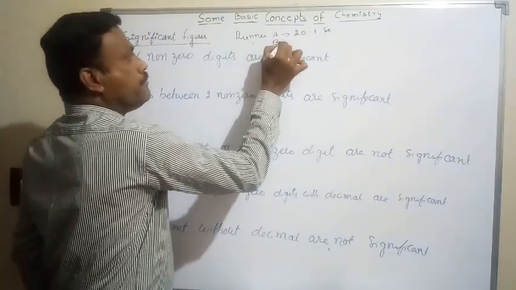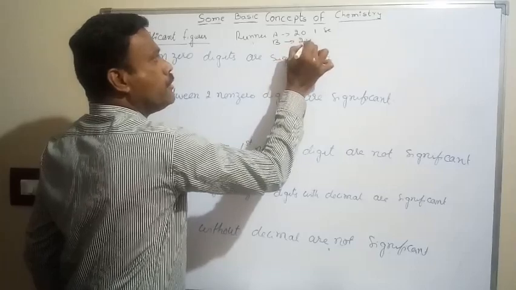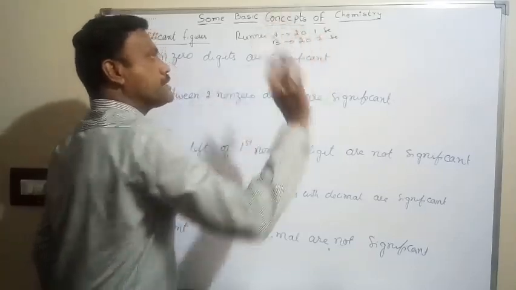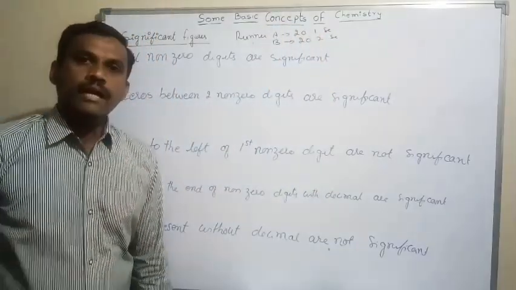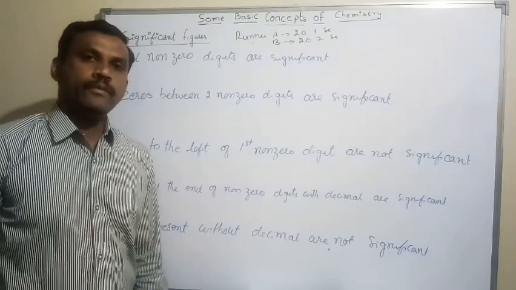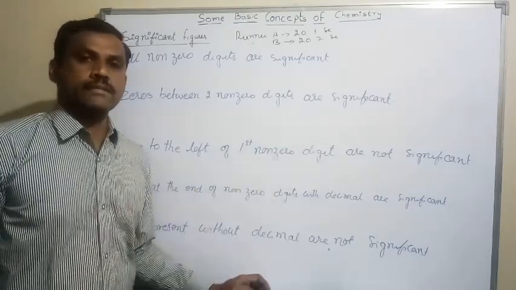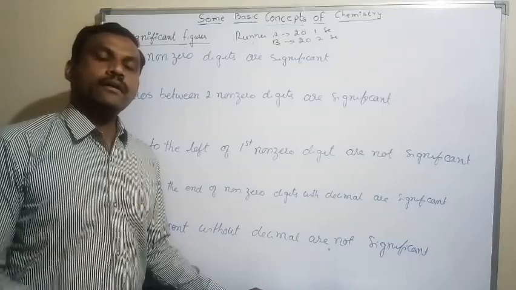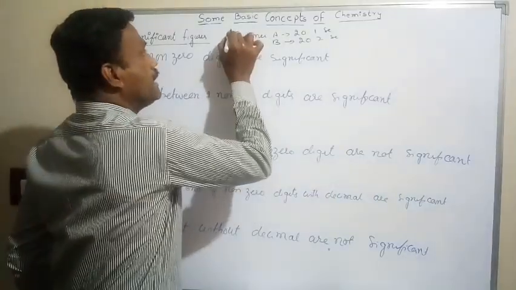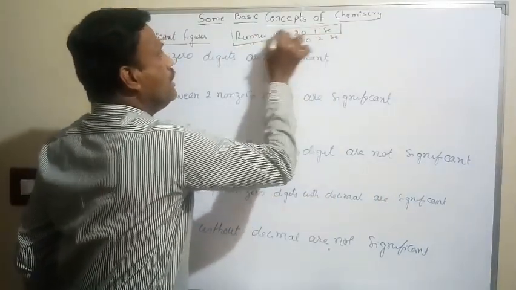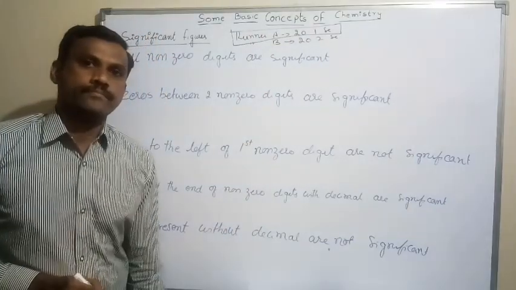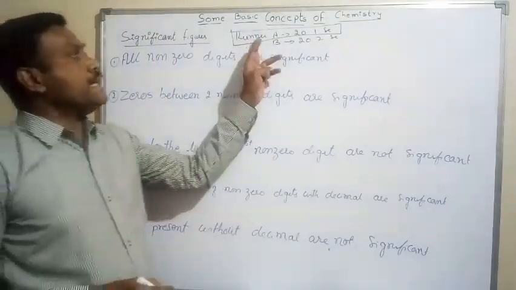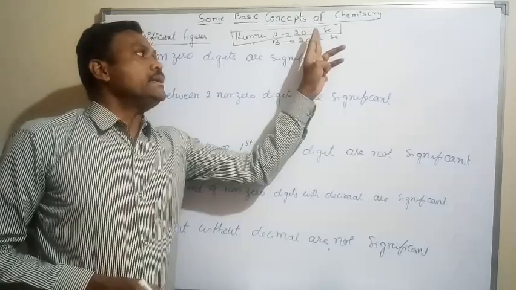Runner B takes 20.2 seconds. If I ask you who will win the race, definitely your answer will be runner A, because runner A has taken less time.